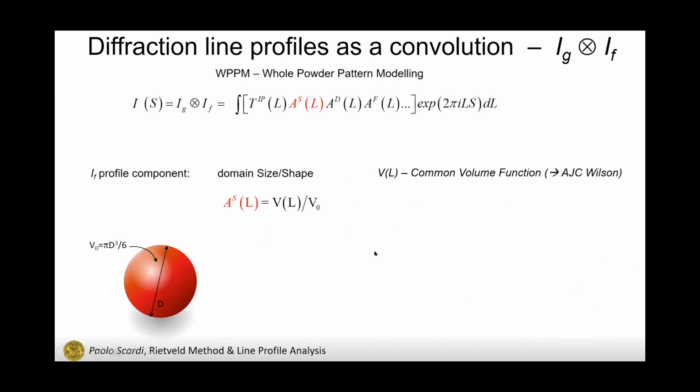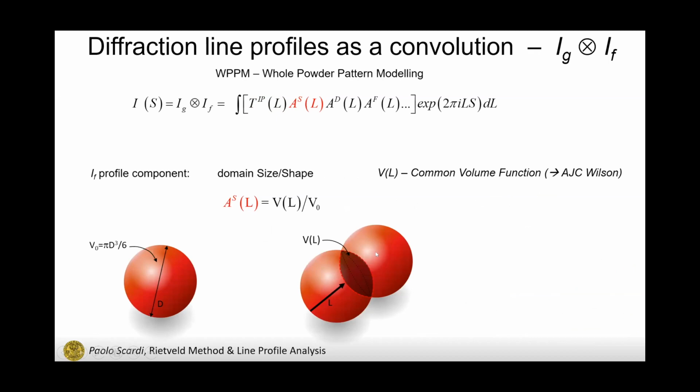Basically, this common volume is, as you see here, the volume shared by the crystalline domain and the same one translated by the distance L along the scattering direction. So, since it is a sphere, the shape is completely isotropic, and so this is just a function of L, the Fourier length, and D, which is the diameter of the sphere. So, a pretty simple example.